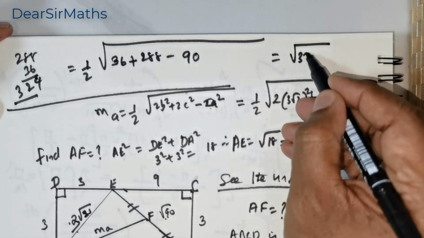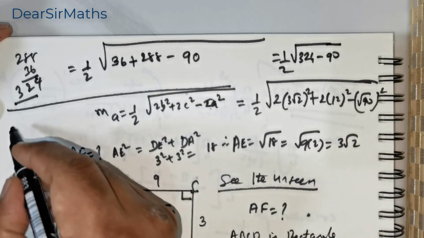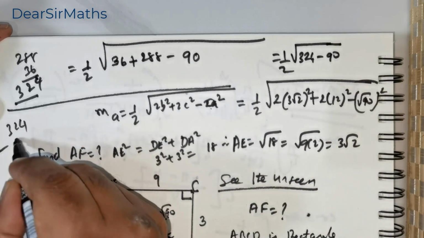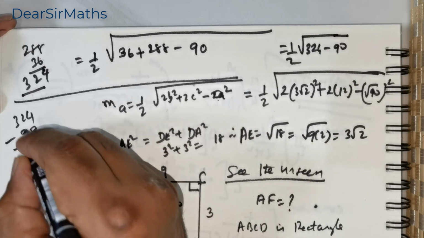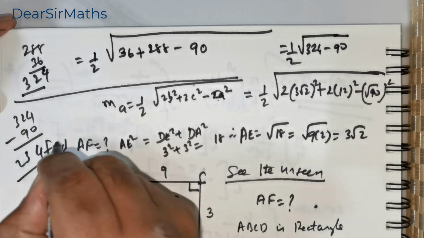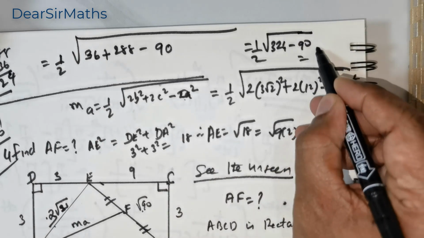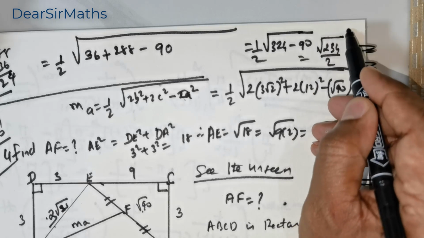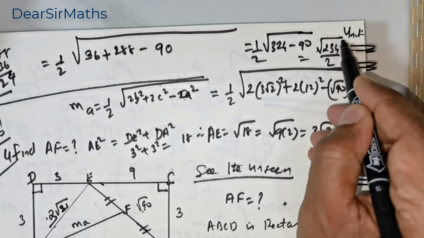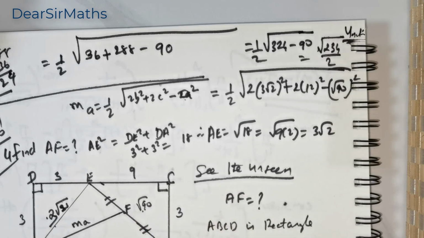So this is 324 minus 90, which is 234. So this is equal to root of 234 divided by 2 units. That is the value of AF.